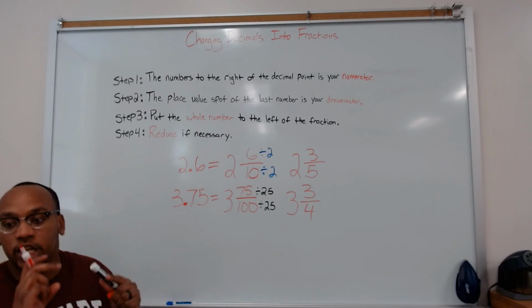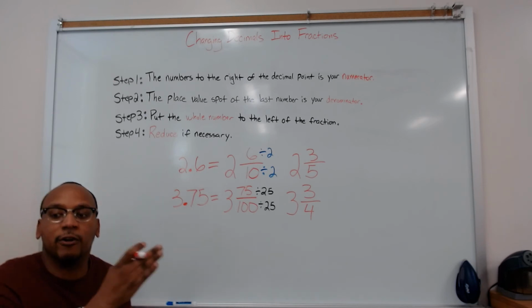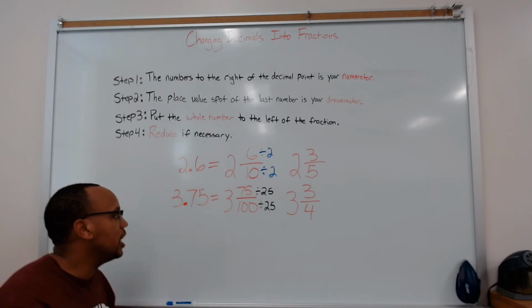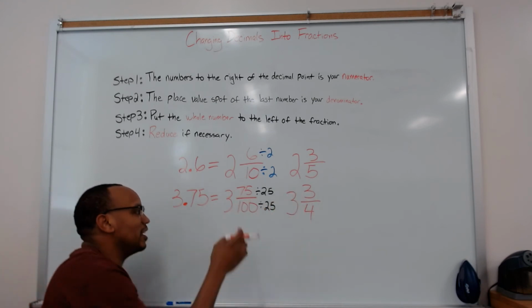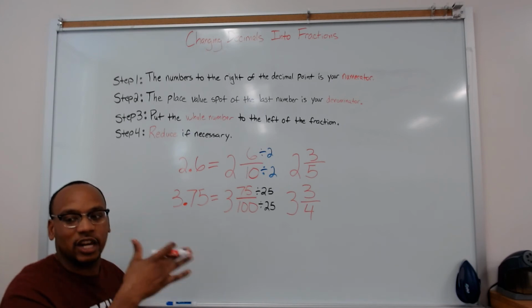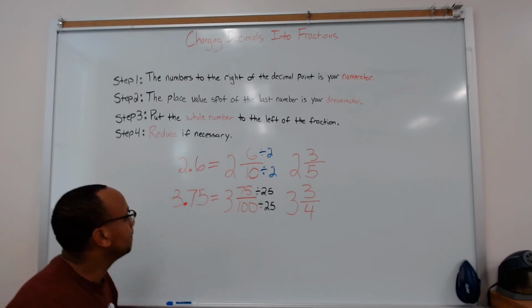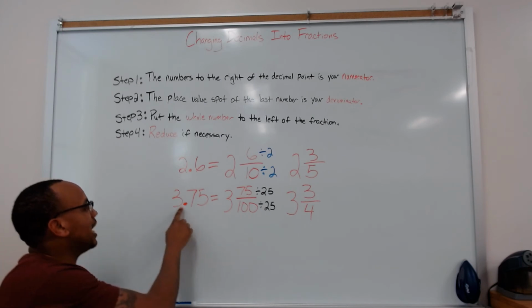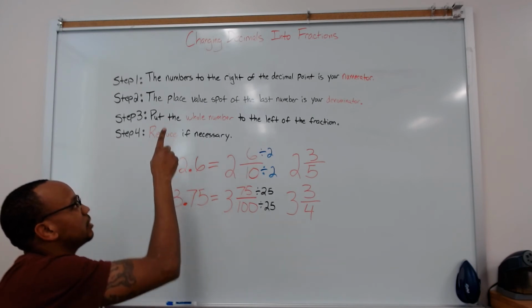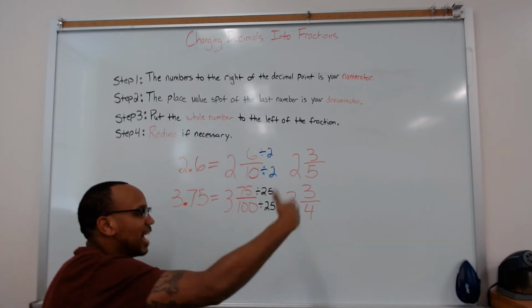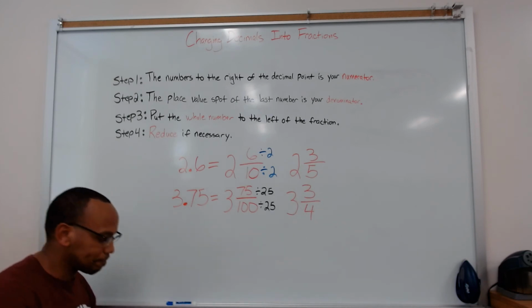This will help reduce that number into a lower version of that number, right? Now, 3 and 75/100 is still equivalent to 3 and 3/4. You just need a reduced version of your answer, all right? So 3.75 as a decimal is 3 and 3/4 as a fraction, all right?